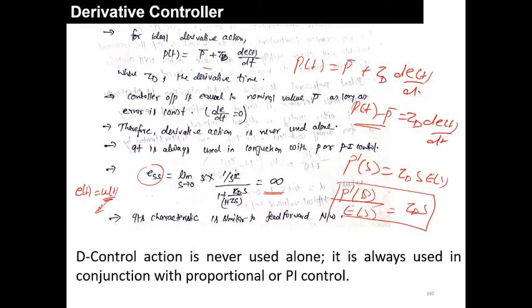A step signal we can't use, because if e equals u(t), then de by dt, the derivative of a step input, becomes an impulse, and the response is an impulse, meaning a sudden shock will come into the system, and that may destroy the system.